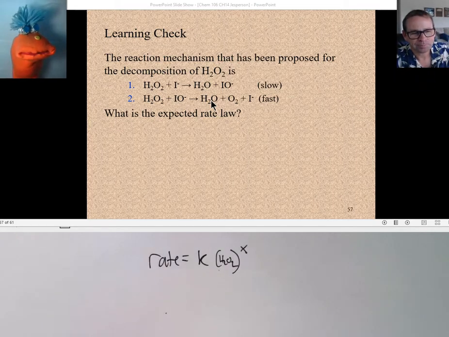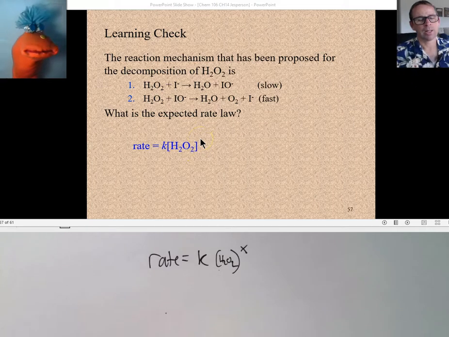Now, what we're introducing now, though, is that if I have the mechanistic steps, then the rate law, this x here, will actually be the coefficient on the hydrogen peroxide in this slow step. So here, because the hydrogen peroxide coefficient is 1, I can say that the rate law is k times the concentration of hydrogen peroxide to the 1.